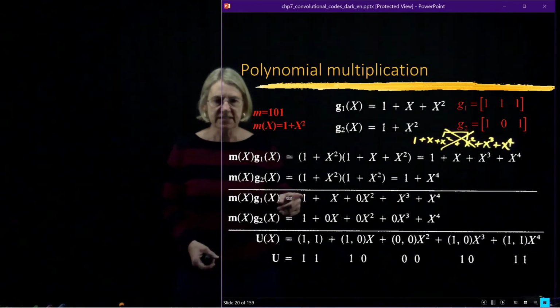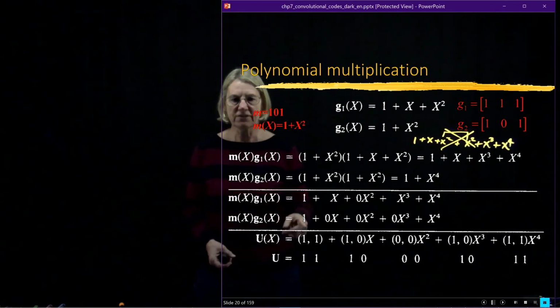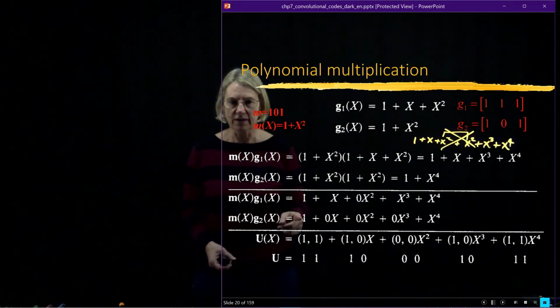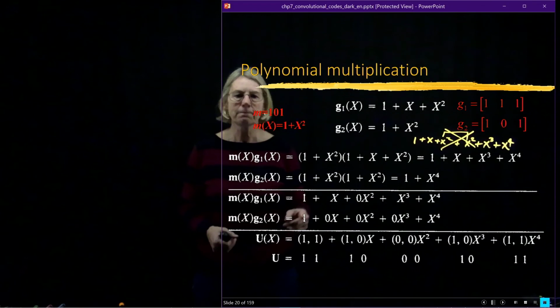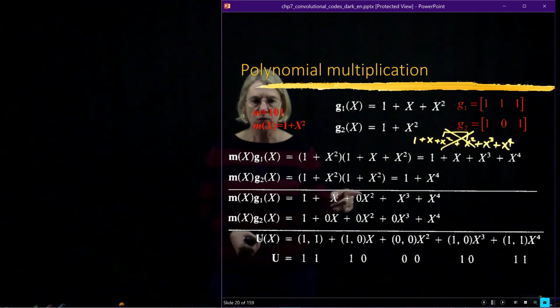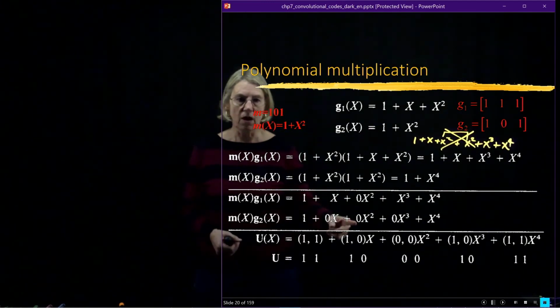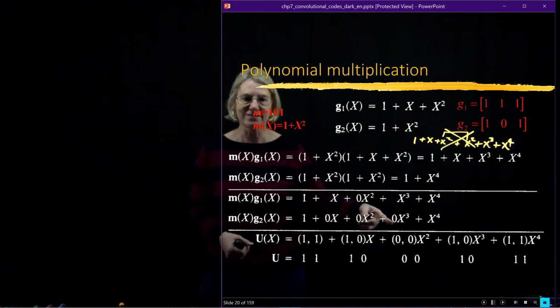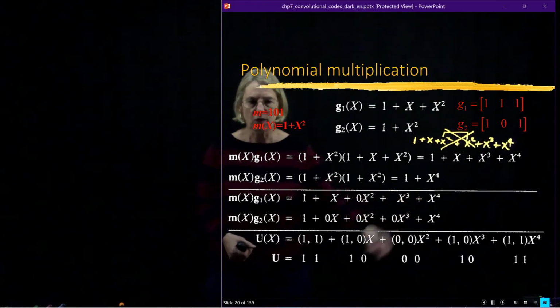So in the first instance, I have the coefficient of 1. The first code bit is 1. The second code bit is 1. For x, the first one is 1, the second one is 0. For x squared, both of the coefficients are 0. For x cubed, the first one is 1, and the second bit of the code word is 0. And for x to the 4th, 1, 1.